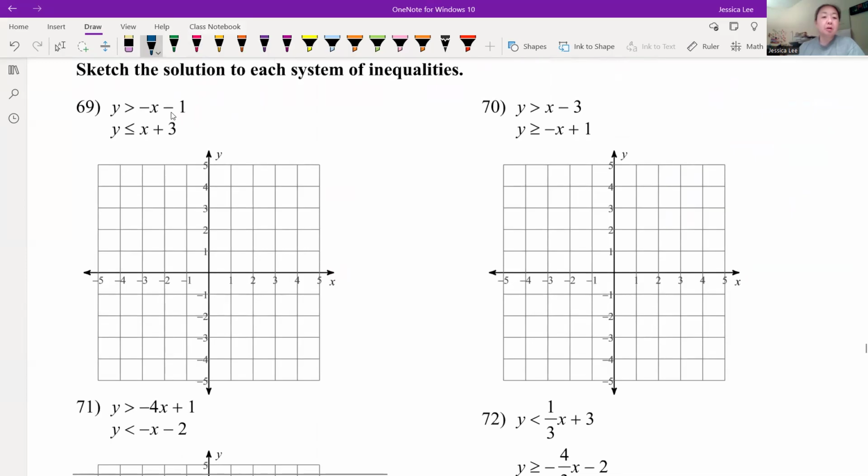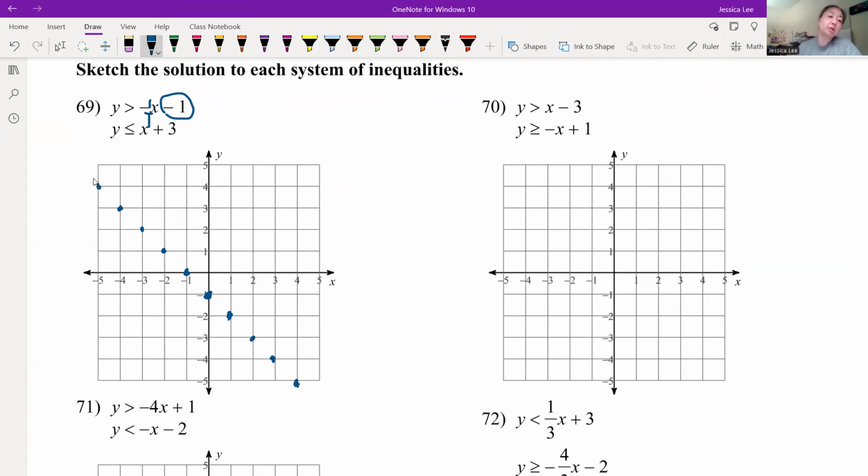Okay, so again, we're going to start with our y-intercept, which is our negative 1 right here. So negative 1. Our slope is negative 1 over 1. So again, it's a negative slope. Continue the pattern. And is it going to be solid or dotted?